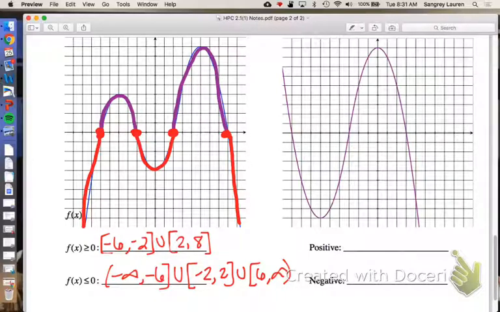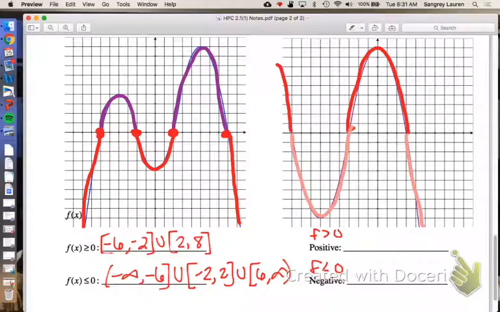Cool, one more. So here, they just say positive and negative, so that means f is strictly greater than 0, and then the function is strictly less than 0, so we are not including 0 this time. So it looks like we're positive here, we're positive here, and then otherwise we are below the x-axis.